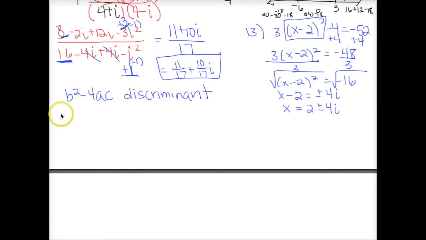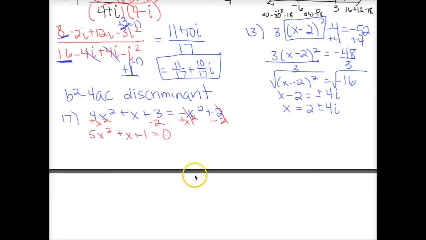Number 17, quadratic formula. The key here is that you can't use the quadratic formula until it's equal to 0. So I have to add x squared, minus 2 to get 5x squared plus x plus 1 equals 0 before I can use the quadratic formula.